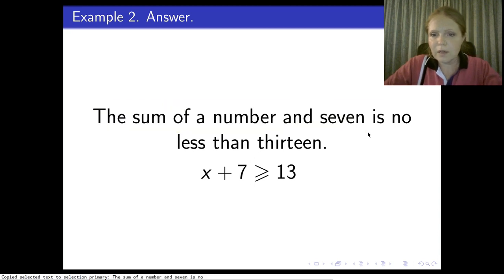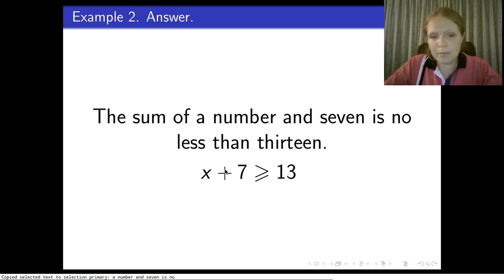On the left side is the sum. The sum means we do addition, plus. Sum of what? A number and 7. You are given a number. You don't know what number it is, but you can say, for example, it's x. It's variable x. You can use y, a, or another letter. A number means an unknown number, a variable, and 7.